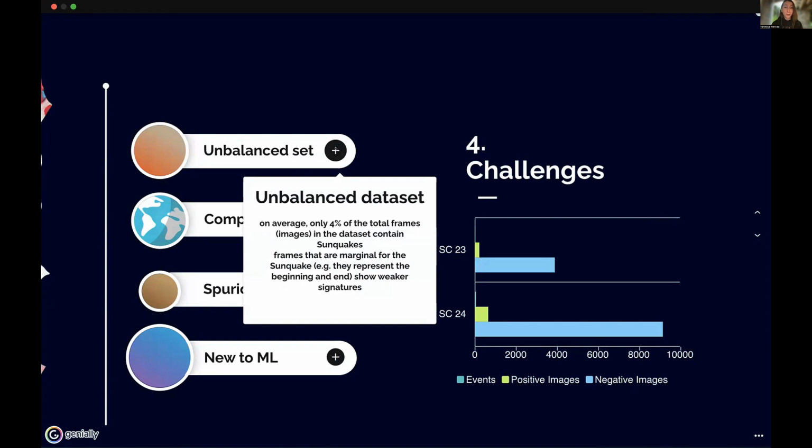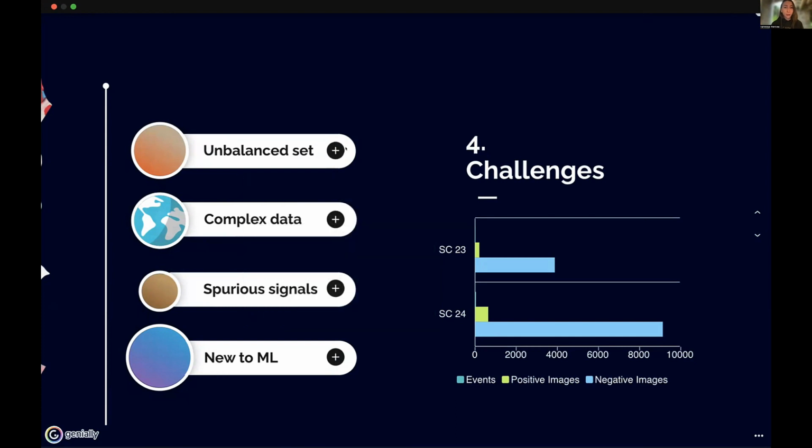And out of those 4%, there are the marginal frames, like the first, second, and the last frame of the sunquake, where the signatures are obviously less clear, which makes it quite difficult for machine learning models, which need a lot of data, to deal with it.